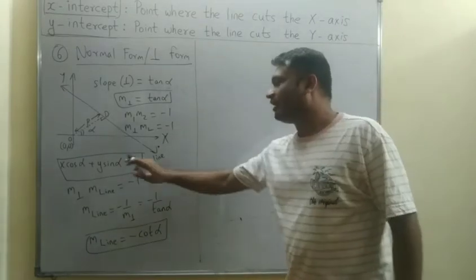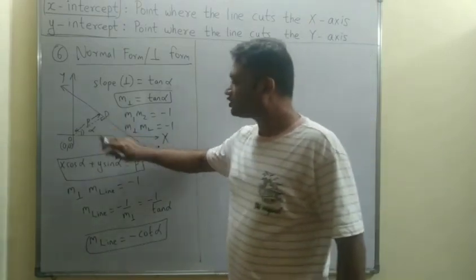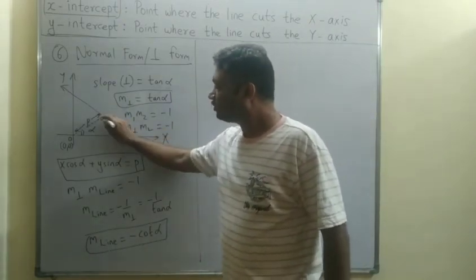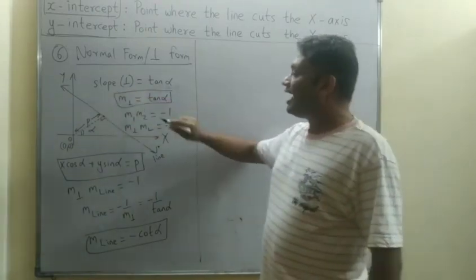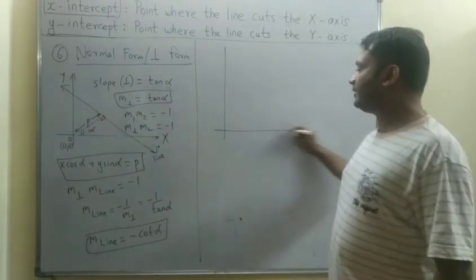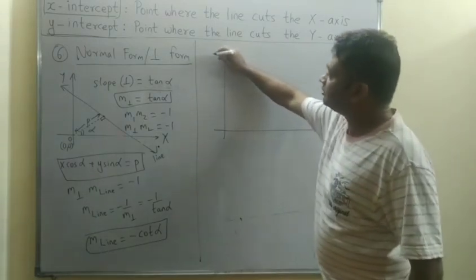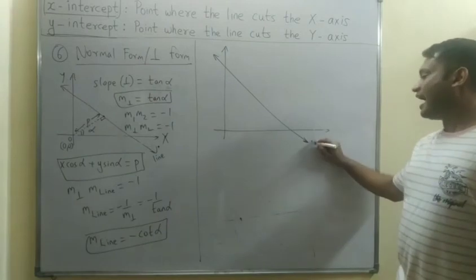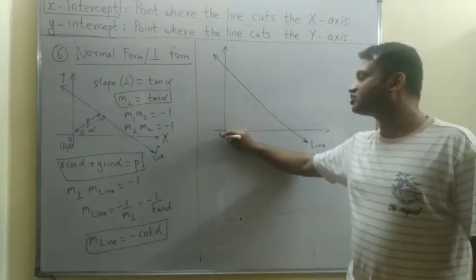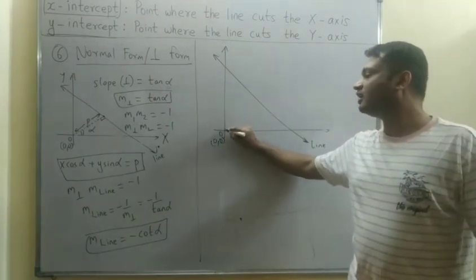So let us now first of all find the coordinates of this point, the foot of the perpendicular. This is the foot of the perpendicular. What coordinates does it have? Let me draw the diagram. This is our straight line whose equation I want to find, and this line is at a distance p from the origin.